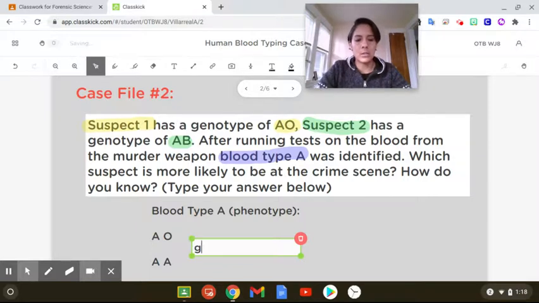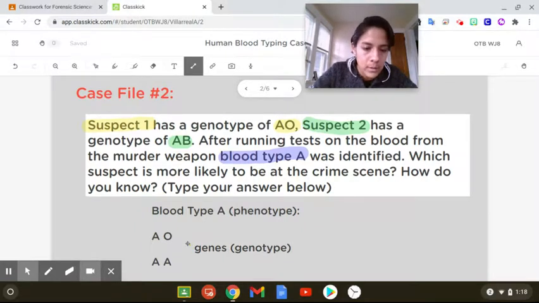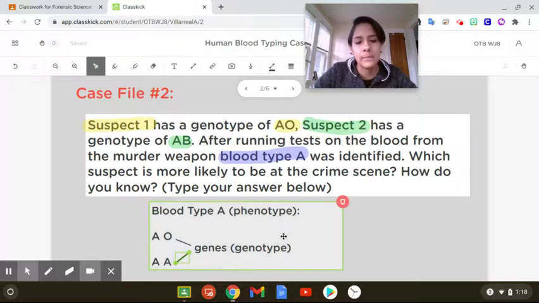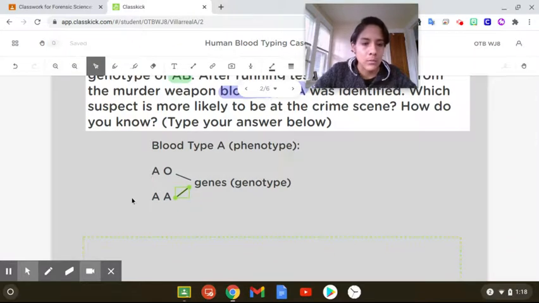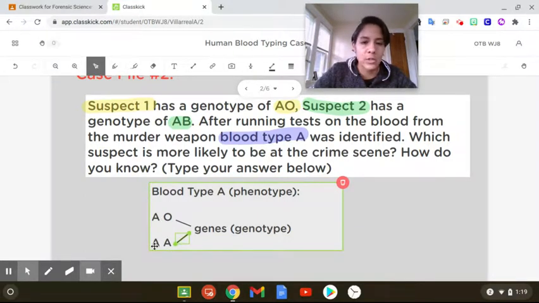So this is the genotype. So what I'm looking for now is which one of the suspects has one of these 2 genotypes and matches the crime scene. Okay, so you can see here that one of these suspects does have an A blood type because they have either the AO gene or the AA gene.